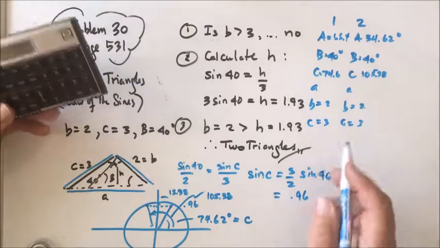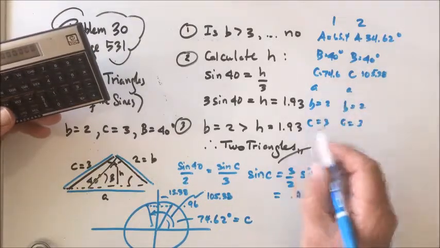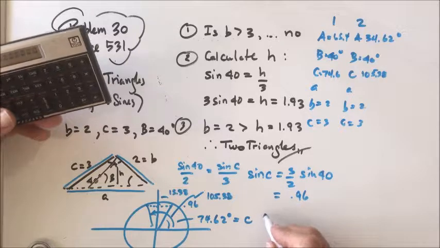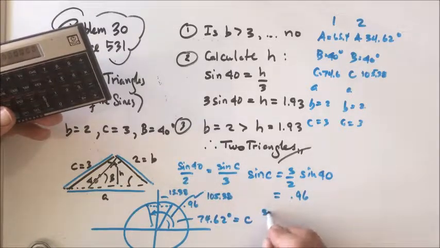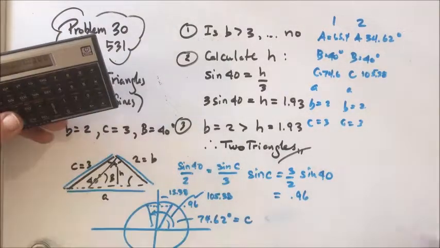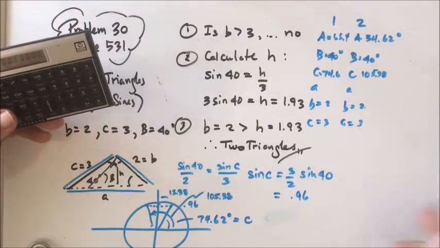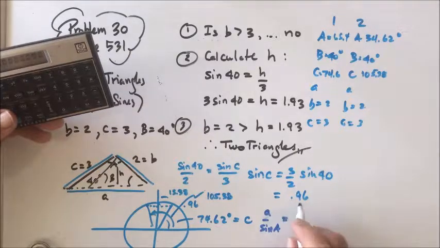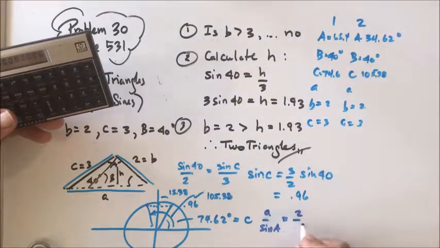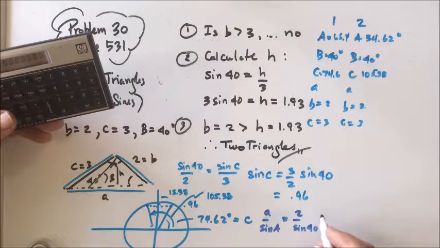Now I've just got to calculate these two values of a, and the way I'm going to do it is with the law of sines. Let me change colors here so we can keep track. I'm going to use this dark blue to calculate a. a over sine A is equal to b, which is 2, over sine of B, 40 degrees.